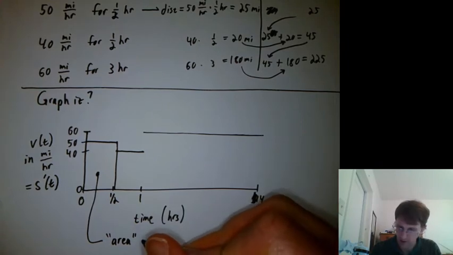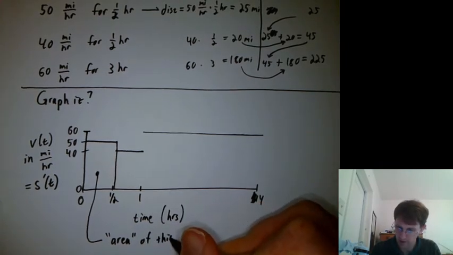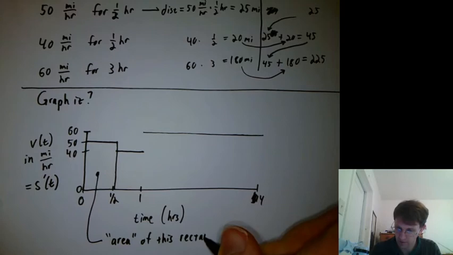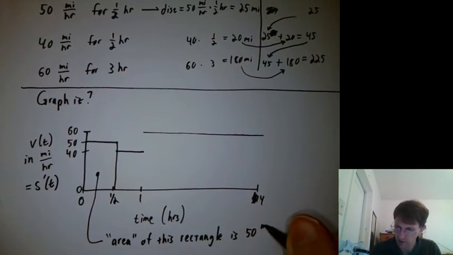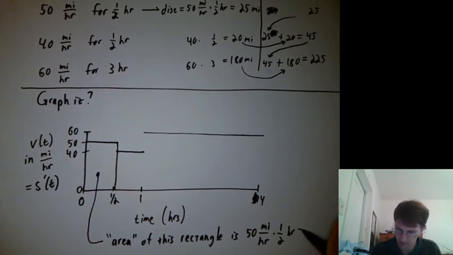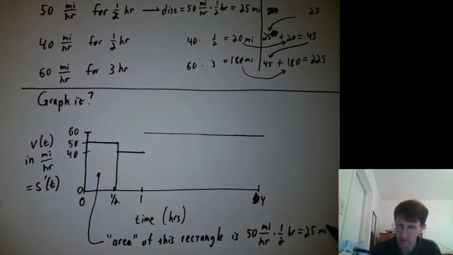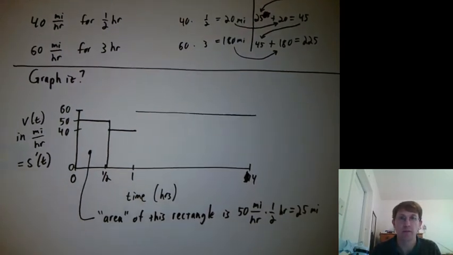So the area of this rectangle is 50 miles per hour times 1/2 hour, or 25 miles.